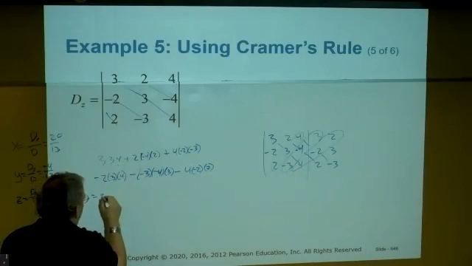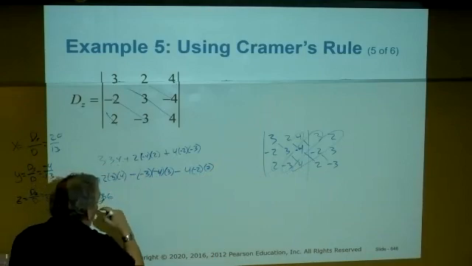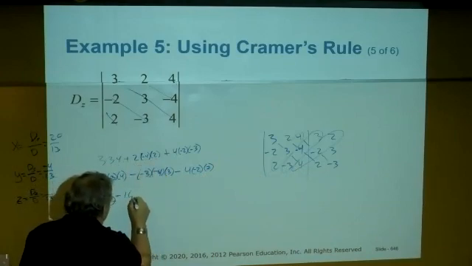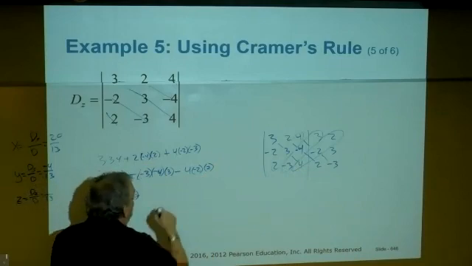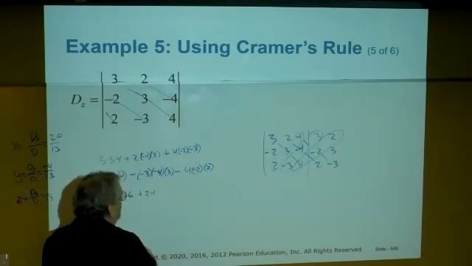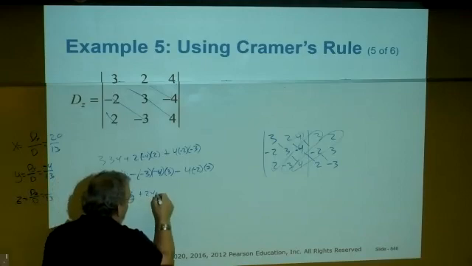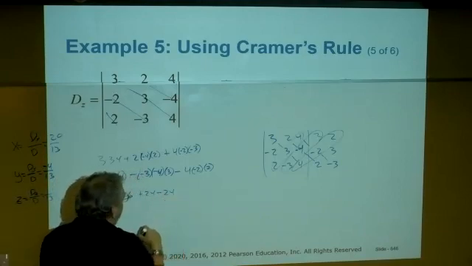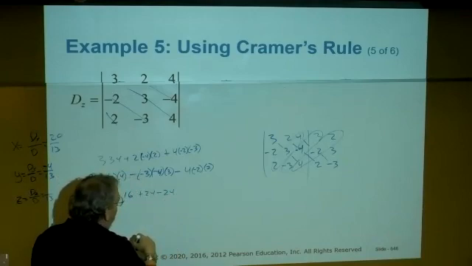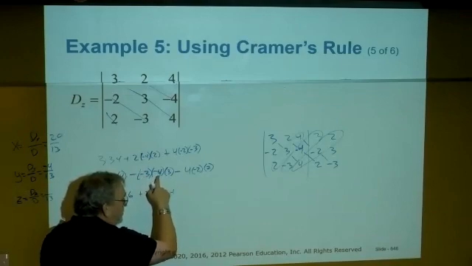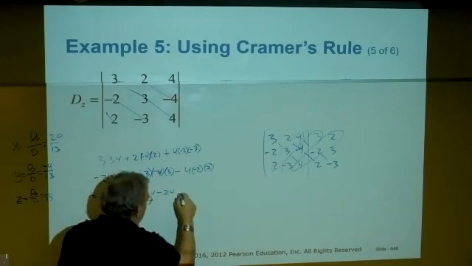3 times 3 times 4 is 36. 2 times -4 times 2 is a -16, so that's -16. 4 times 2 times 3 is a +24. Minus 3 times 2 times 3 times 4, which is -24. -3 times -4 is +12, and 12 times 3 is 36.